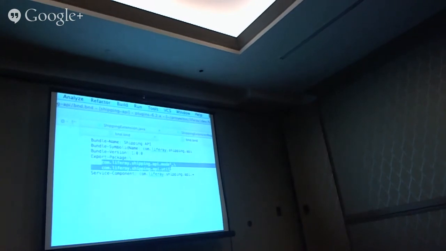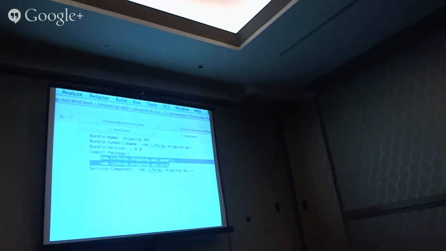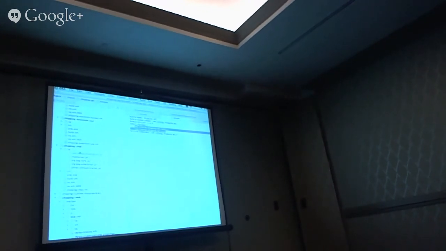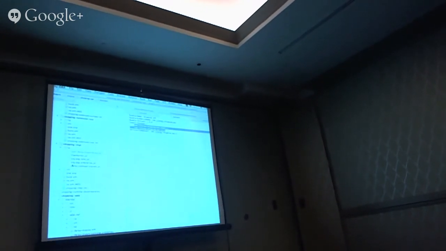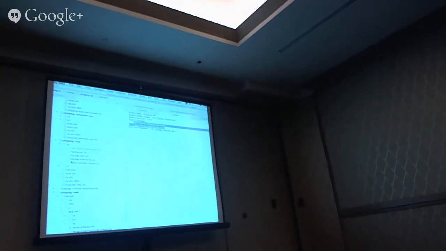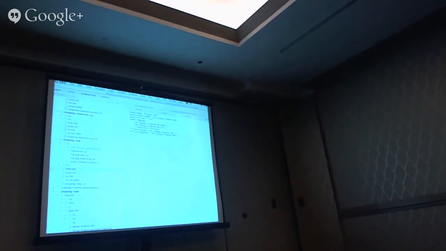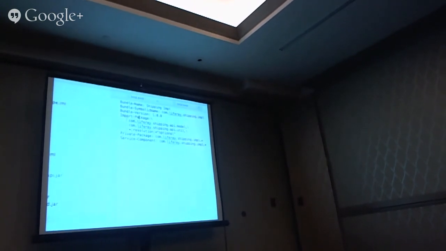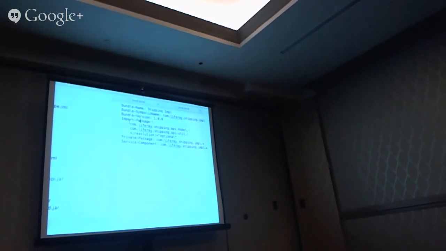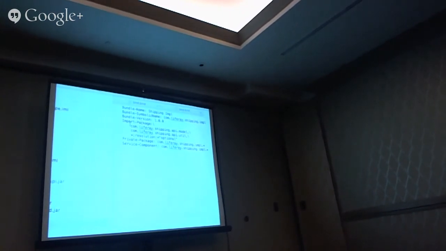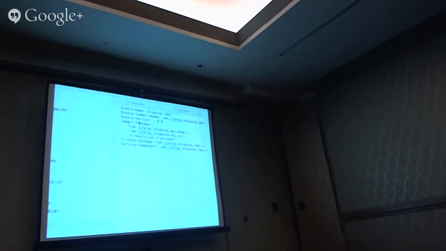Since this is the API, we are exporting those packages so that other modules can use them. Then, for example, in one of the implementations, we only need to import those, and we don't need to export anything because our module doesn't export anything to the outside world. If we look at any other, for example this one, we only have import packages, and we don't need to export anything. That's the way you keep your modules very simple and closed, defining what this module uses from the others and what the others use from it.